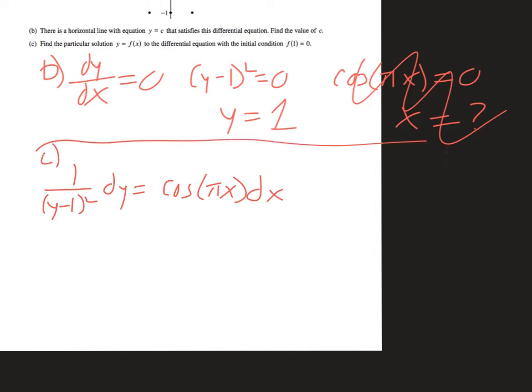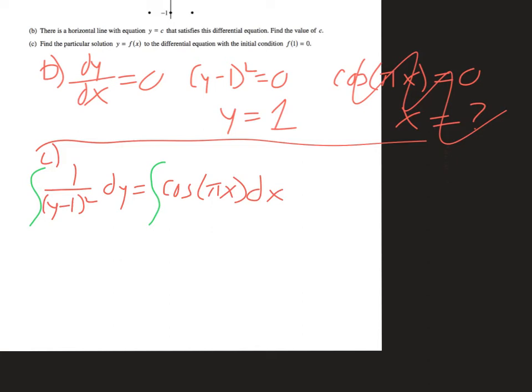And then we just have to take the antiderivative of each side. Antiderivative on the left is just sort of an inverse power rule here. Be careful with your negatives.